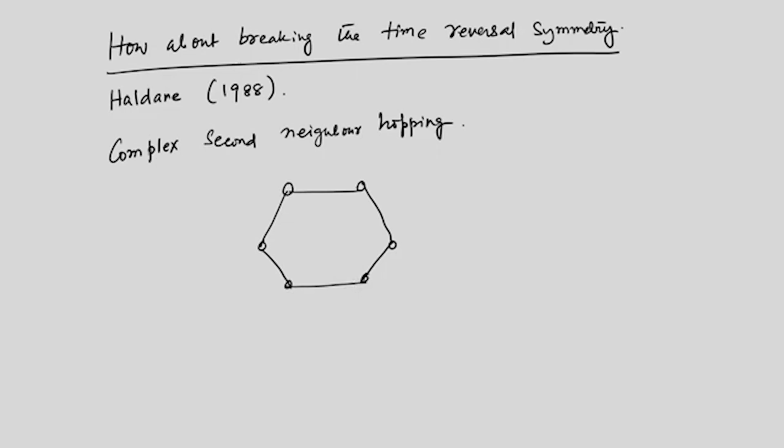And by the way, this paper was written much before graphene was discovered. So, it was the honeycomb lattice which was taken as a model for breaking the time reversal symmetry, and he wanted to say that if you break the time reversal symmetry, there will be a quantized Hall effect, not the one that you get in the presence of a magnetic field. So, this is called the anomalous quantum Hall effect.